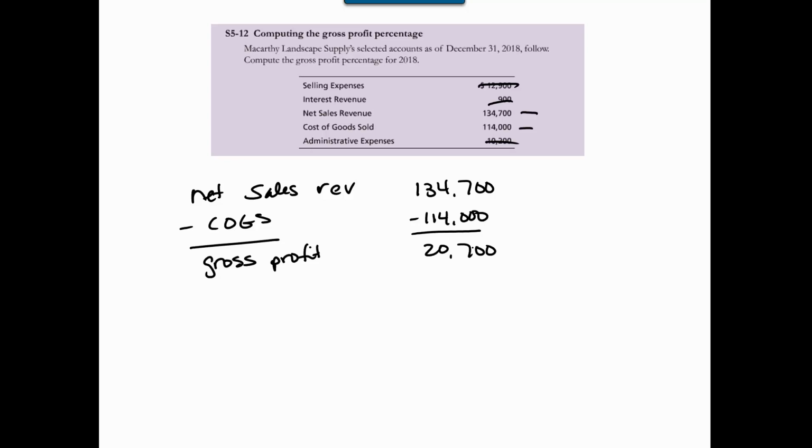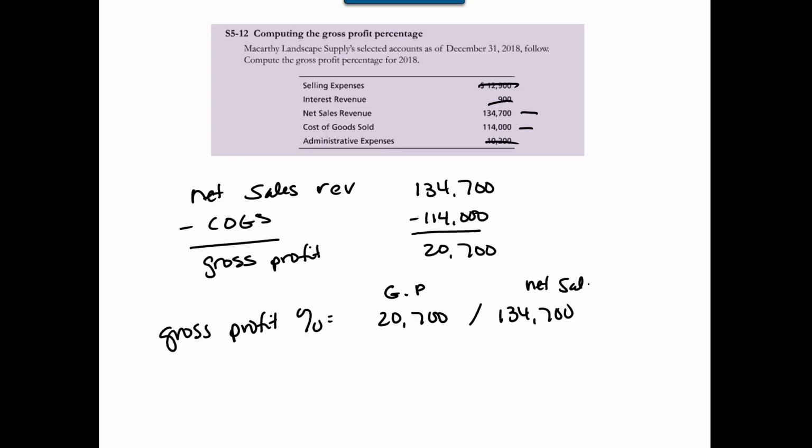So to find the gross profit percentage, which is what it's asking us, gross profit percentage is going to be 20,700, which is my gross profit, divided by 134.7, which is my net sales revenue, and I get 15.4%.